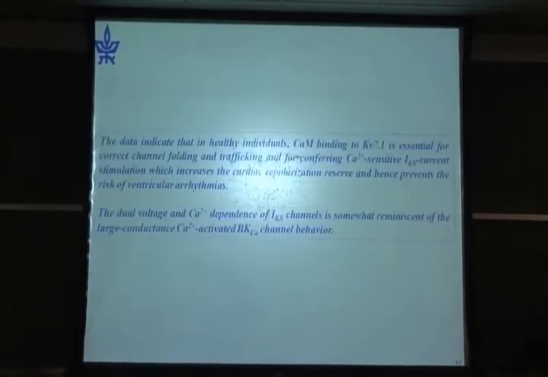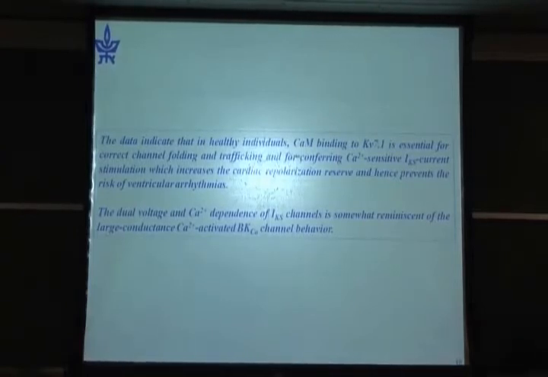So just to summarize this part of the data, we show that in healthy individuals, the normal calmodulin binding to the C-terminus of the alpha subunit, KCNQ1, is very important for correct channel folding and trafficking, and for conferring to the IKs some calcium sensitivity.